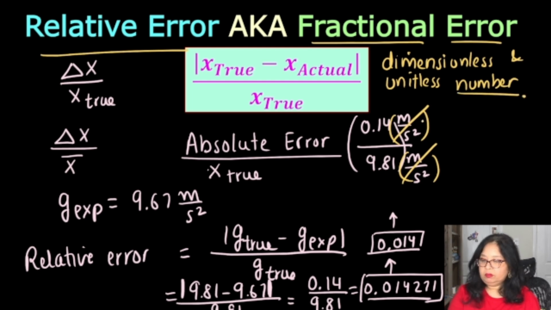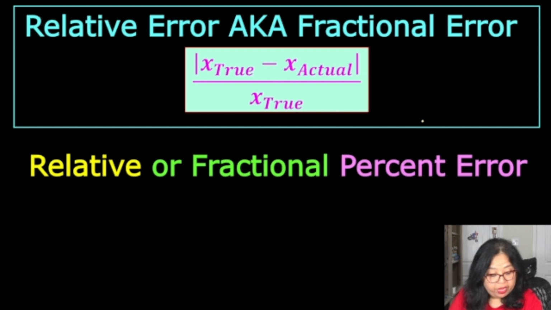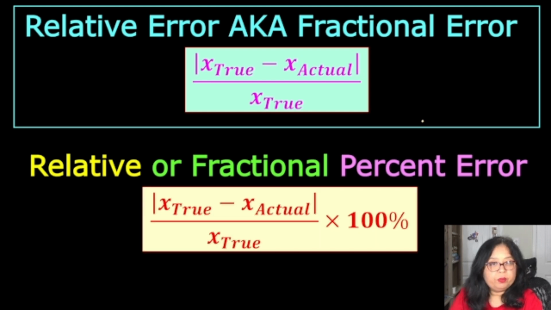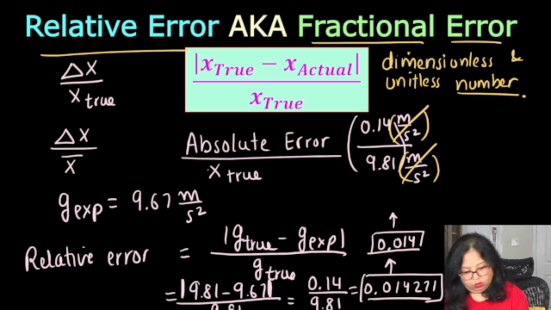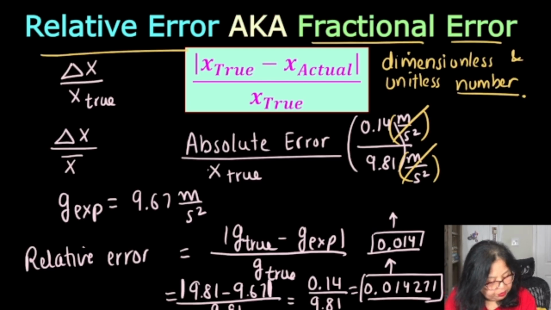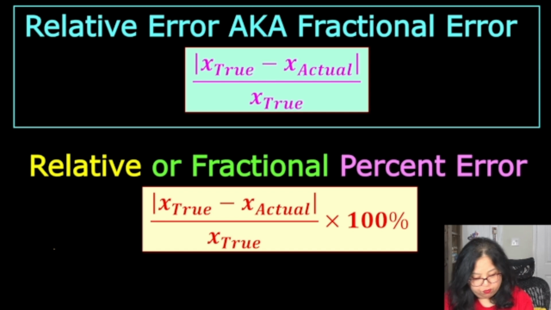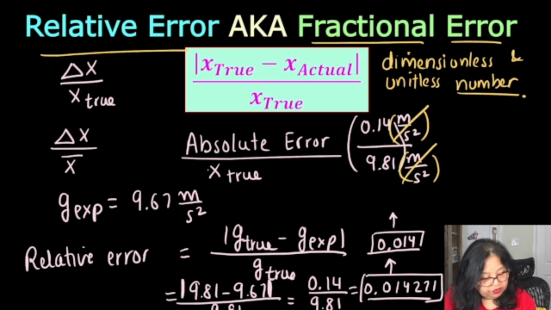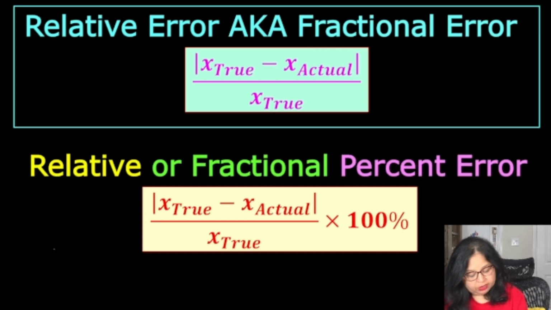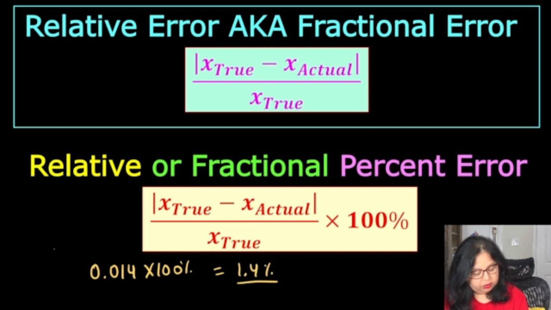Make sense? Next, we're going to move on to relative or fractional percent error. It's the same thing as the relative error times 100%. So here we found the relative error to be 0.014. To find out the percent error, or the percent relative error, or the percent fractional error in the same quantity, we're going to multiply this 0.014 by 100% and the answer will be 1.4%.